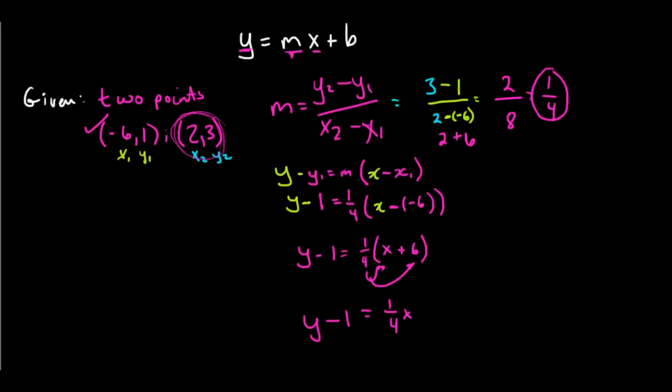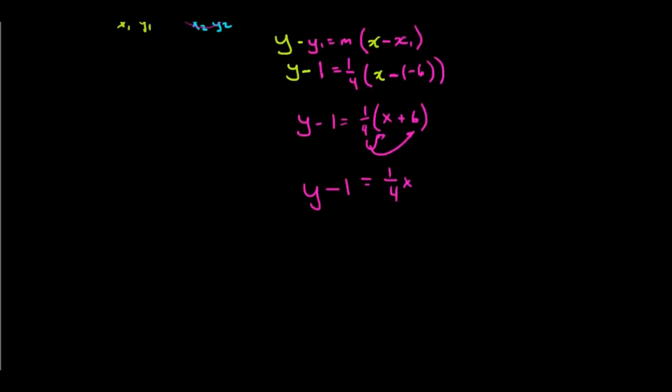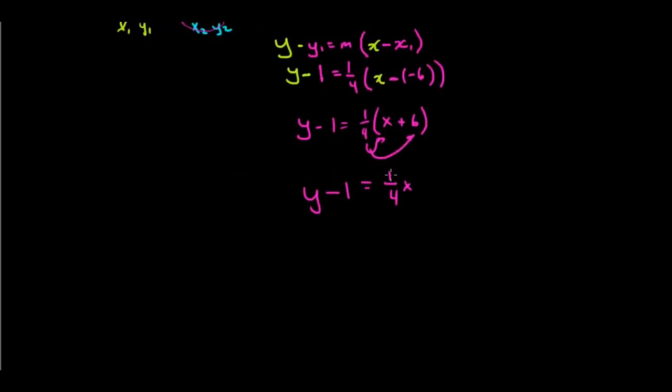Once we understand what our slope is, that's what's going to be the coefficient of that x term there. And then 1/4 times 6 is a plus 6 over 4, and again we can simplify that to 3 over 2. So what we've got is y minus 1 equals 1/4 of x plus 3 over 2.